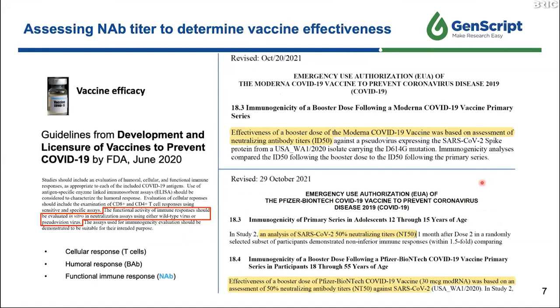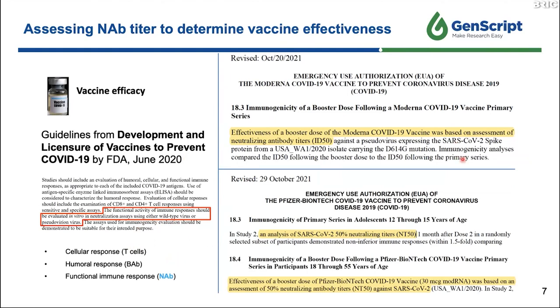Recognizing the important role of neutralizing antibodies in preventing virus infection, the FDA has issued a series of guidelines. Here I would like to show the guideline on development and licensure of vaccines to prevent COVID-19. It mentions that vaccine developers are required to measure the functional activity of the immune response, which means the neutralizing antibody induced by the vaccine needs to be assessed in order to determine its effectiveness.